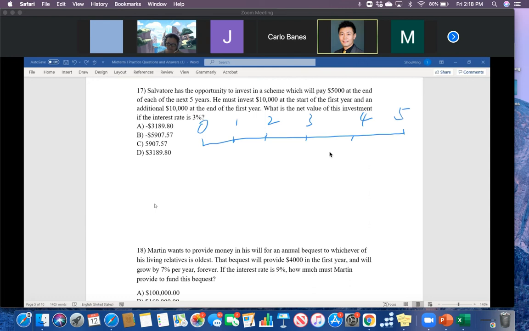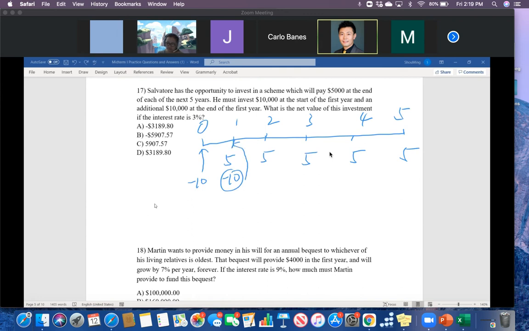So the question first tells us that each year, you will receive 5,000, 5,000, 5,000, 5,000, 5,000. But at the beginning of the first year, you need to invest 10,000, right? So this 10,000 actually is here, okay? And at the end of the first year, you need to invest another 10,000. Again, this 10,000 actually is here, okay?